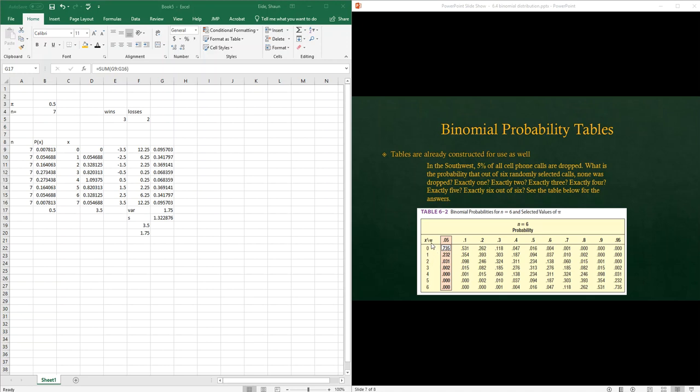So you can see right here is the probability of the success. This right here is the designated number of successes. And so you can use this without doing all the calculations if you just have the numbers.